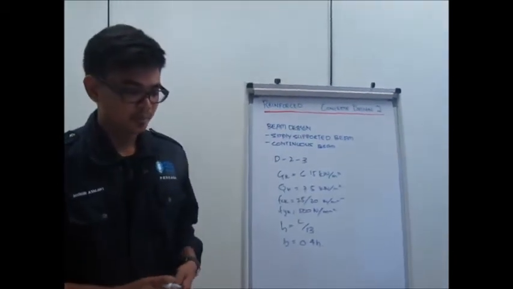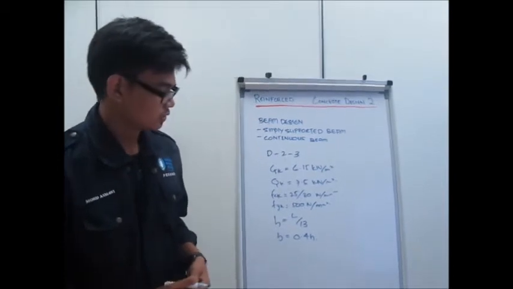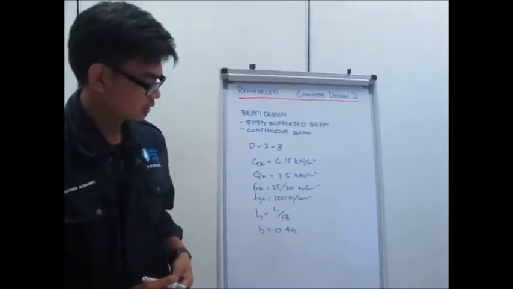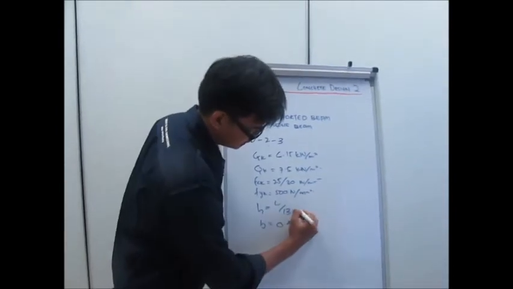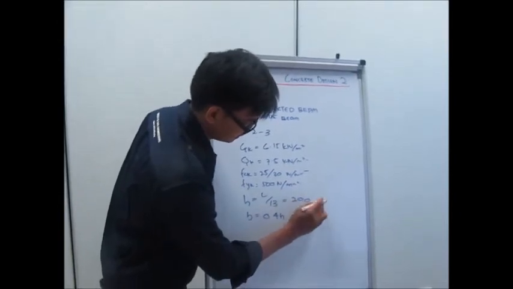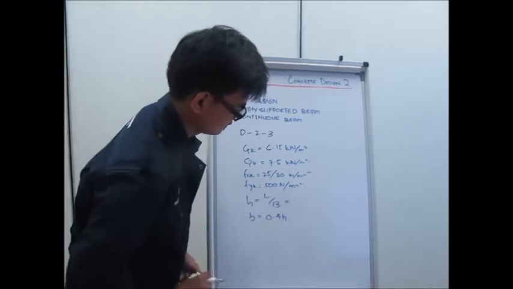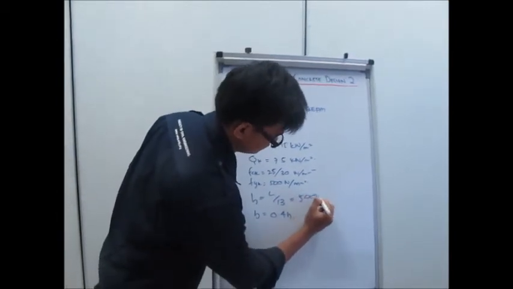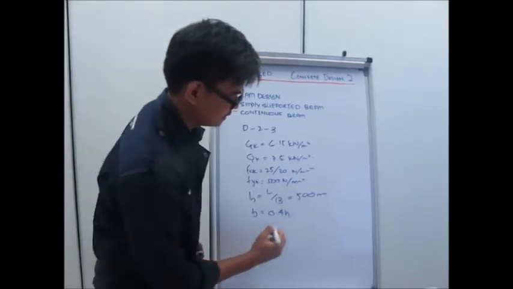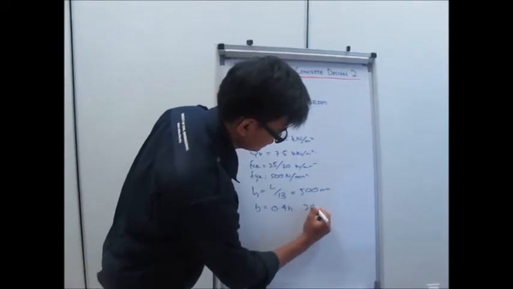For the beam that we have chosen to show today, h is 500 mm, and b is 200 mm.